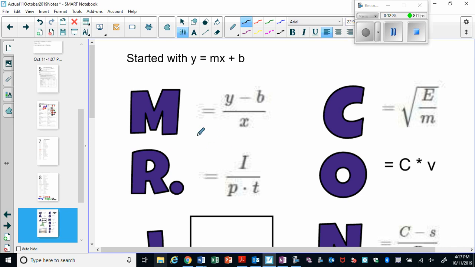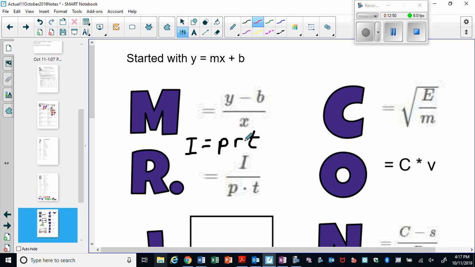The second one, the original equation was I equals P R T. That's your original. That's simple interest. Divide both sides by P times T, and that's how you get your R isolated.